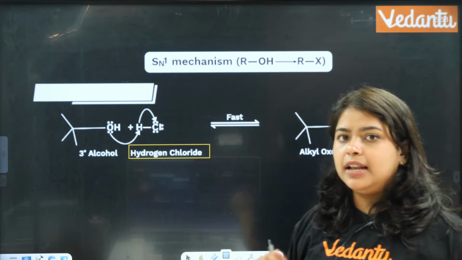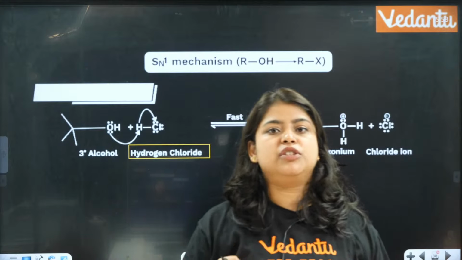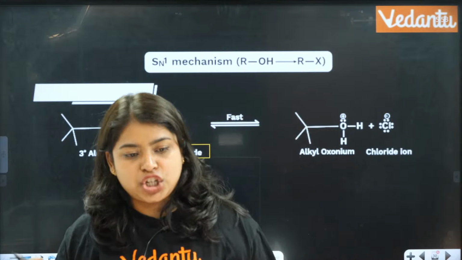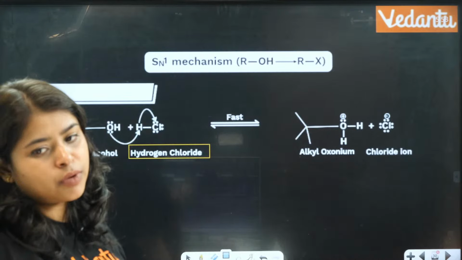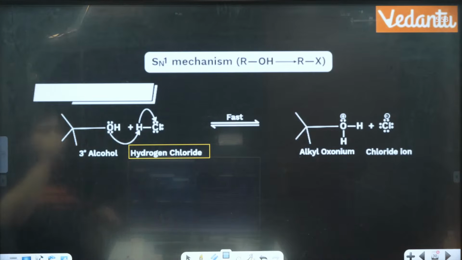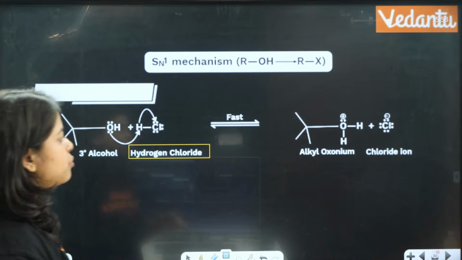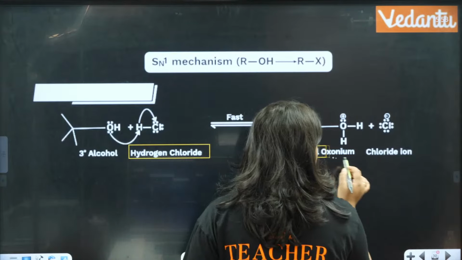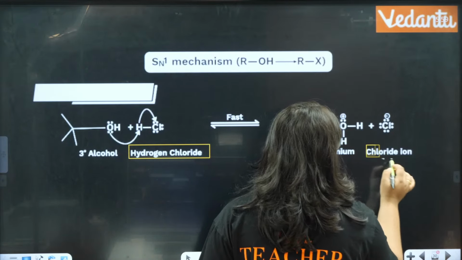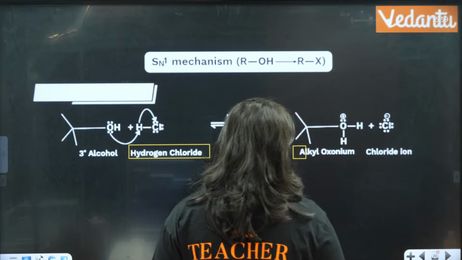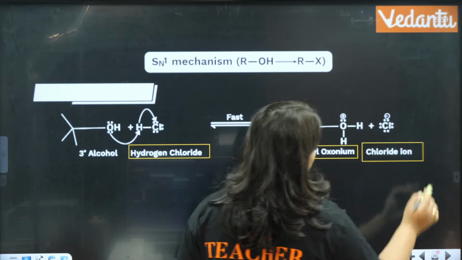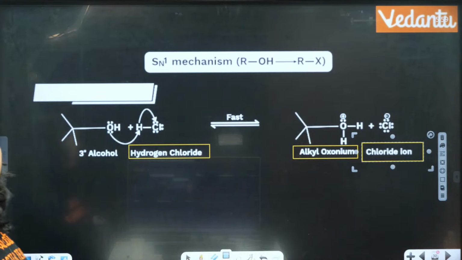Sometimes it will be a fast reaction, sometimes a slow reaction; what happens in SN2 can be different in SN1. Then the fast reaction forms what? An alkyl oxonium ion and chloride ion. Clear? How is it forming?